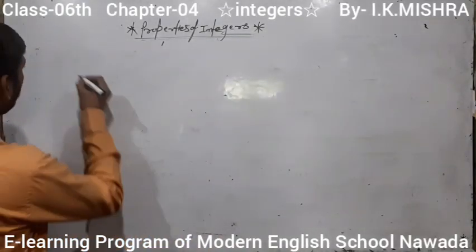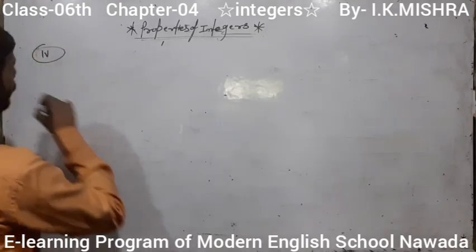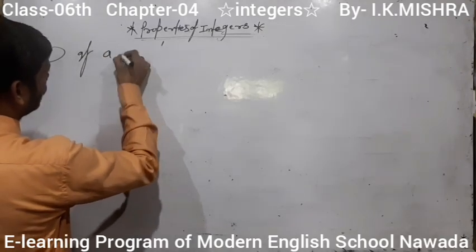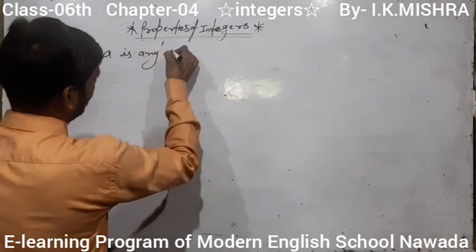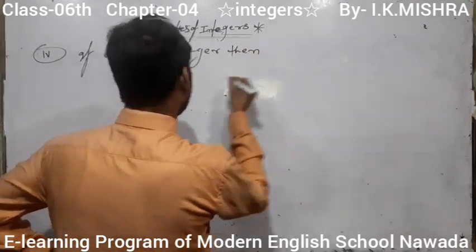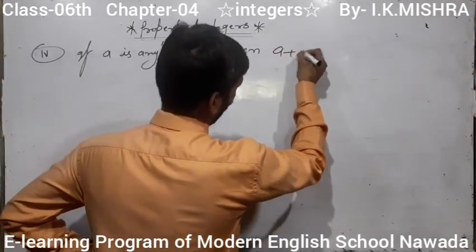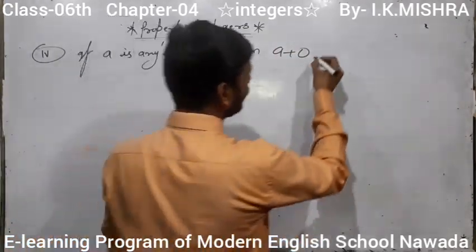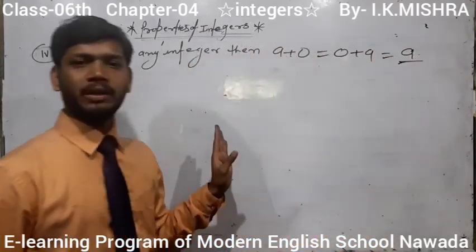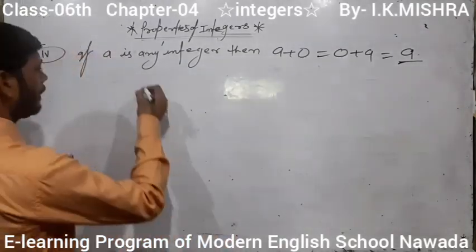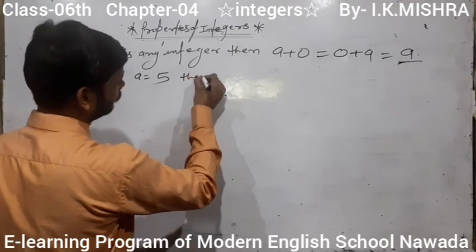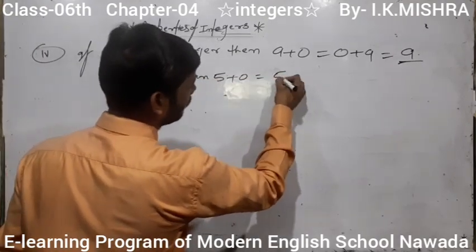Students, the next property is the 4th property. If A is any integer, then A plus 0 is equal to 0 plus A is equal to A. Students, suppose A equal to 5, then 5 plus 0 is equal to 5.